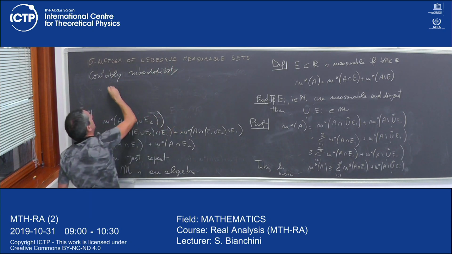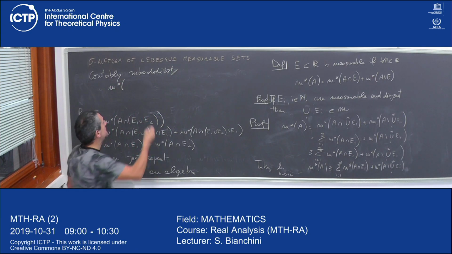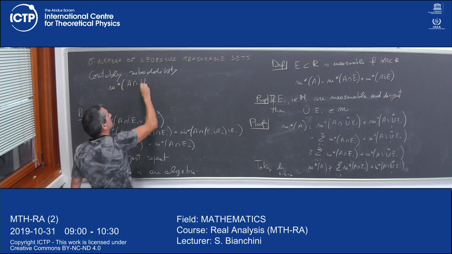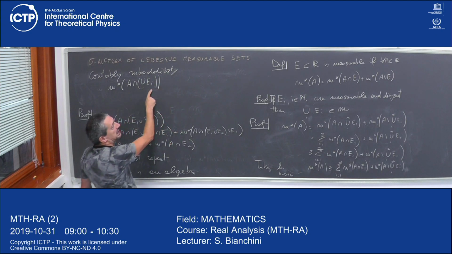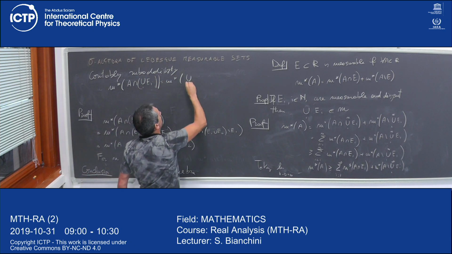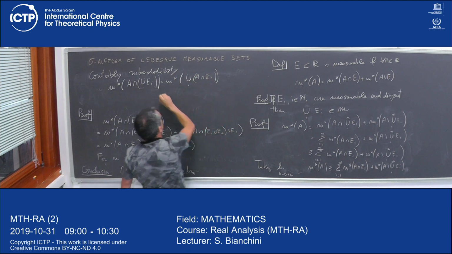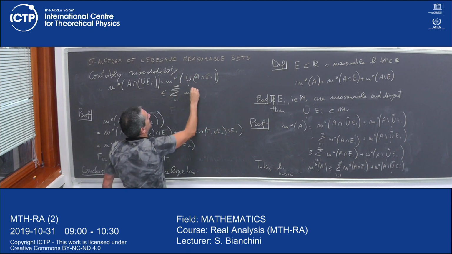Which says that the measure of a countable union of sets, and this is a countable union of sets, is less or equal than the sum of m star.